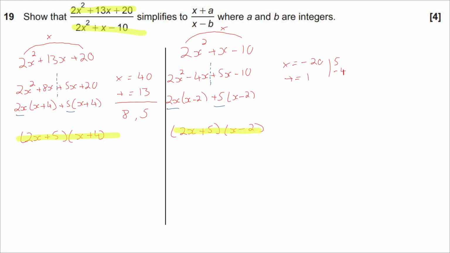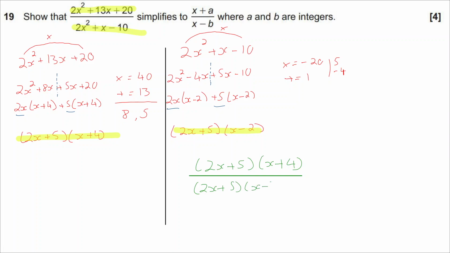So I can now rewrite this in factorized form. On the top, on the numerator, we've got 2x plus 5 bracket x plus 4, all being divided by, on the bottom, 2x plus 5 and then x minus 2.